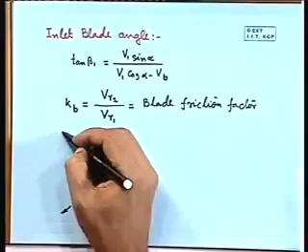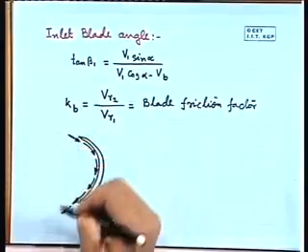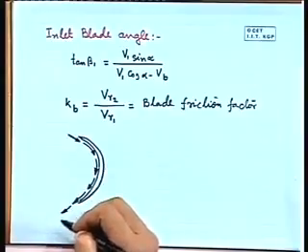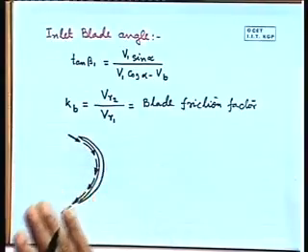Or in other words, the relative velocity here Vr1 will be equal to Vr2 if there is no friction in the blade passage or the blade passage is smooth. If there is friction in the blade passage, then Vr1 is not equal to Vr2. In general, there can be some friction.